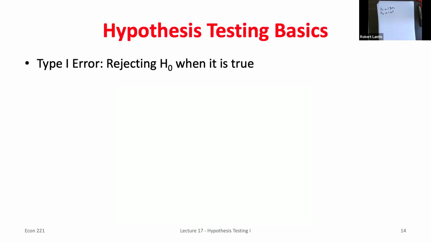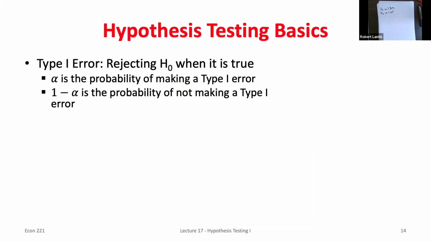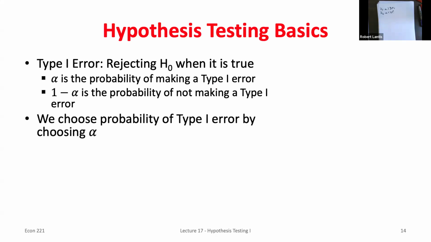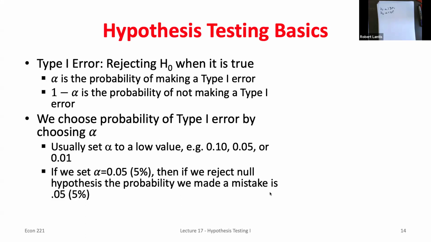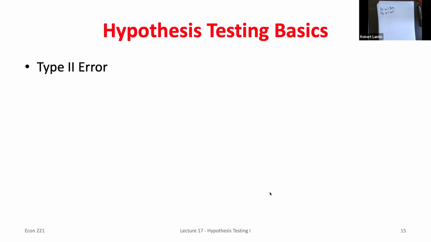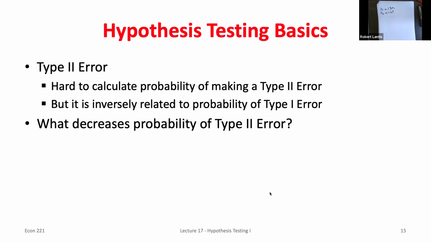So, we got type 1 errors. I already mentioned will be kind of alpha. The probability that I don't make a type 1 error is 1 minus alpha. This isn't anything crazy. We're using our conventional kind of alphas like we were with confidence intervals, 0.1, 0.05, 0.01. And type 2 errors are harder to calculate.